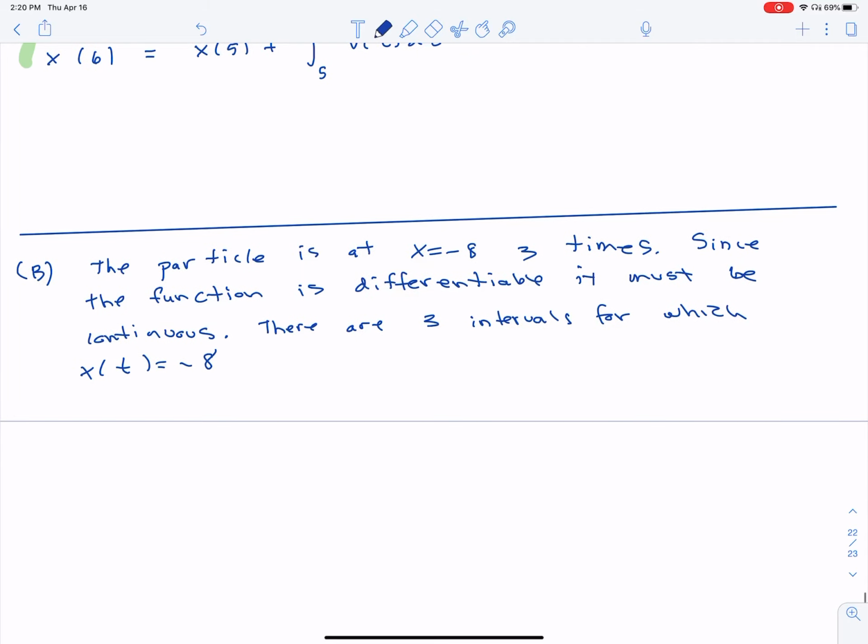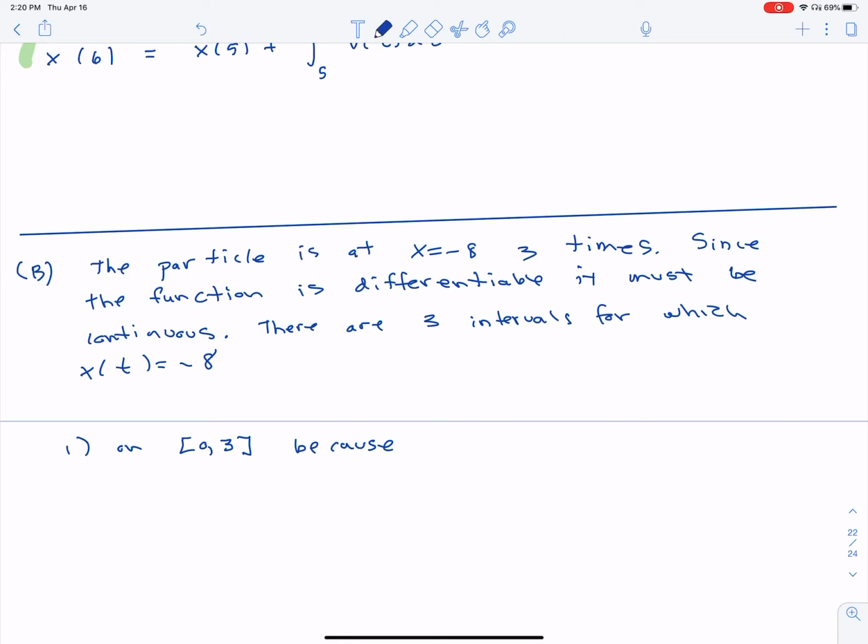So I've said there's three intervals. Let's go through those intervals. So interval one, I'm saying on 0 to 3. How do I know that? Now I'm taking care of the second part of IVT. I have to show that the value that I'm looking for is in between two different values.